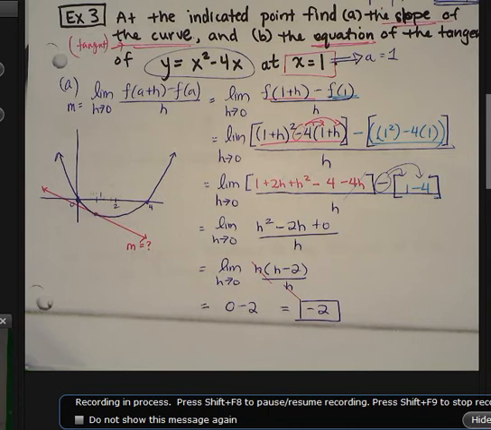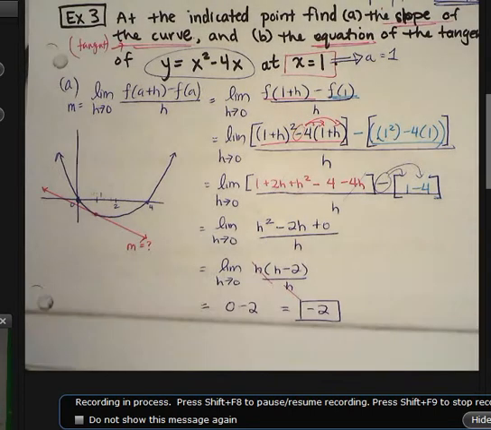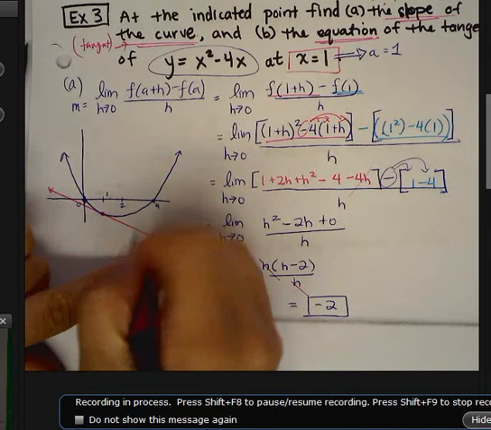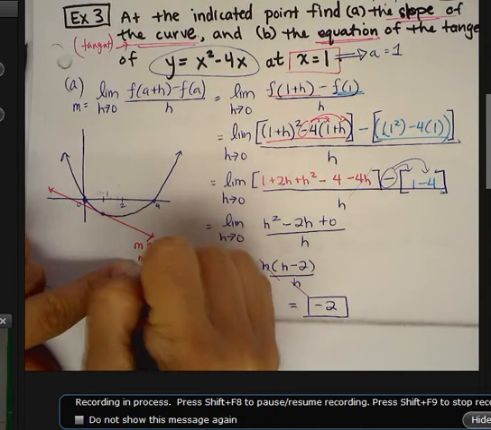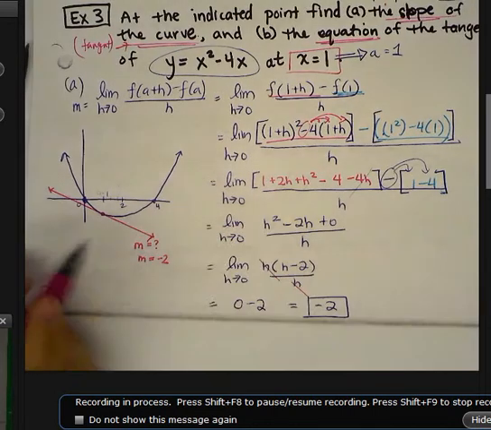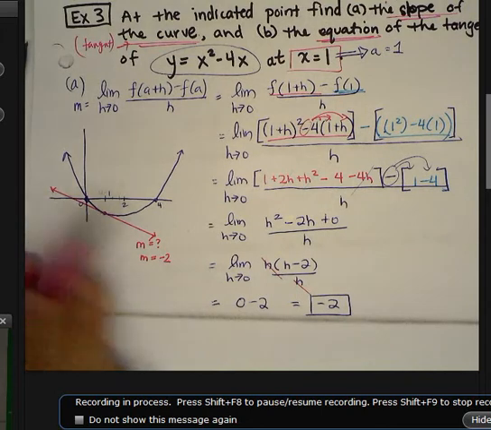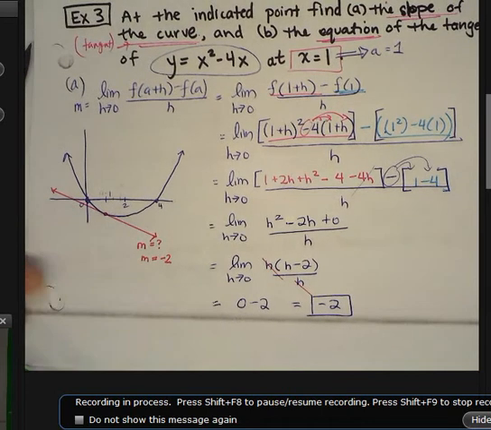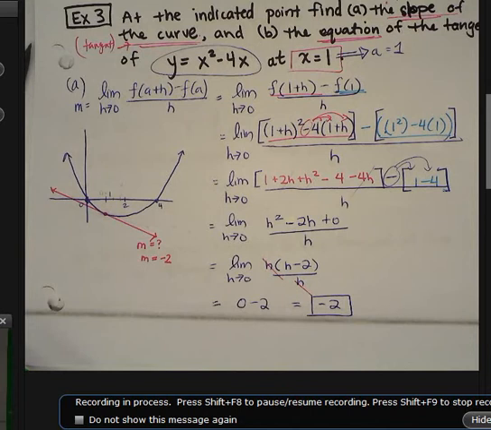So what just happened? We found the slope, didn't we? What is the slope of this line? The slope of this line, the tangent line, is negative 2. So the slope of this curve at x equals 1 is negative 2. So that would get you that 1 point.